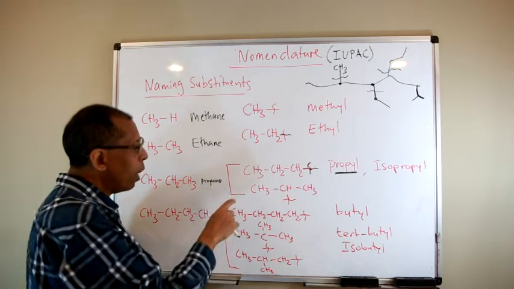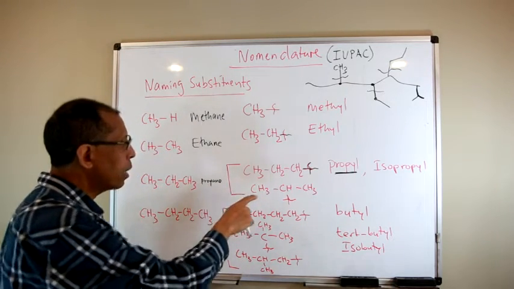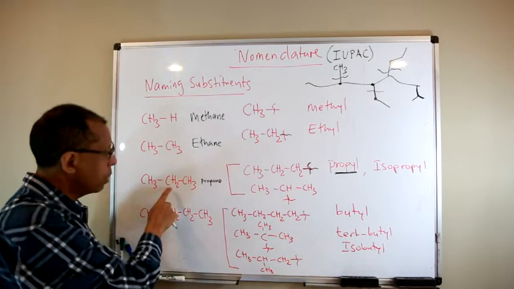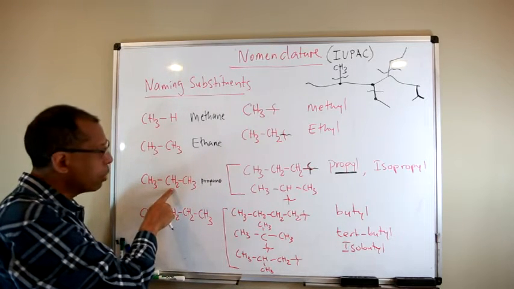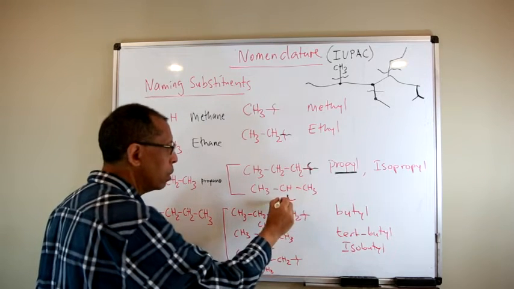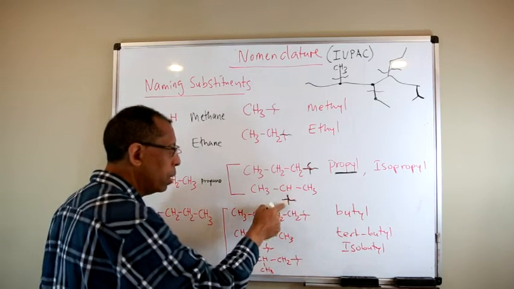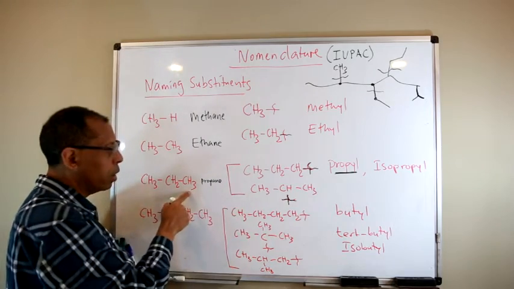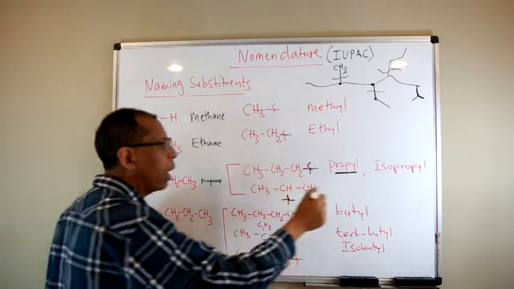But you can also attach through the middle carbon, removing one of the hydrogens, while you keep the CH3 groups. This is called isopropyl.